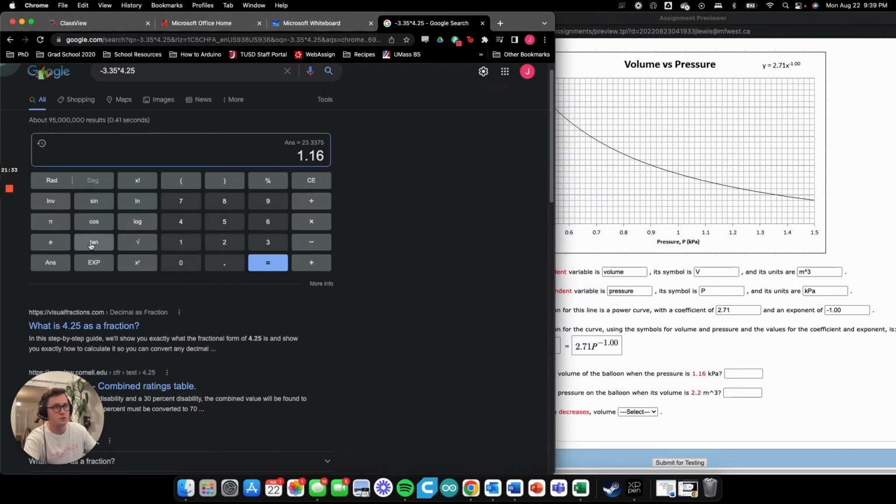So 1.16 to the power of negative 1, times 2.71.